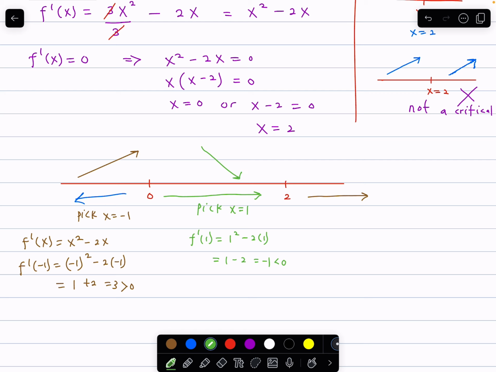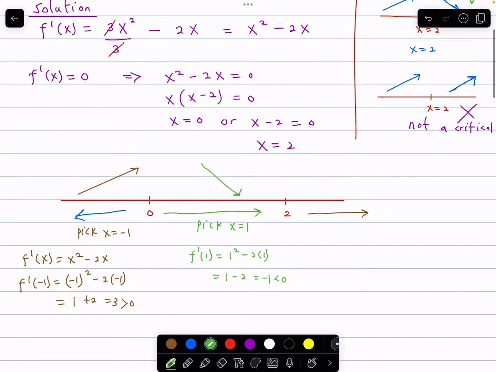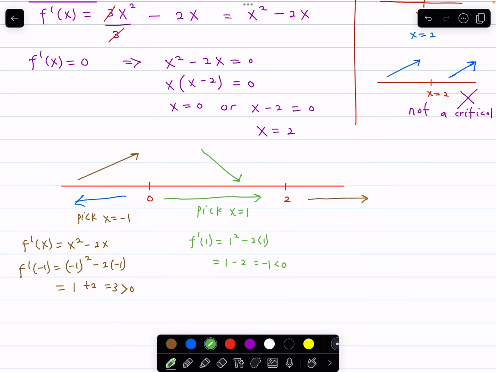Okay. Now clearly we can see that 0 will be a critical number because it's changing from increasing to decreasing. But let's look at to the right of 2. So let's pick a number to the right of 2. I'm going to pick 3. Pick x equal to 3. I'm going to plug it into the first derivative.